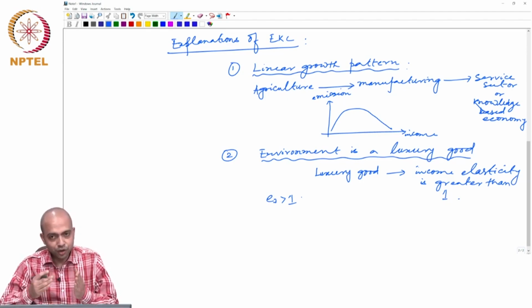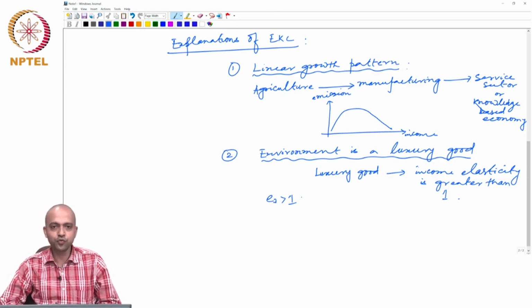Because when the economy is at the initial stages of growth, when the income per capita is low, people cannot afford to bother so much for the environment. They cannot afford to buy environment friendly goods and services. Firms cannot adopt clean technologies, and government cannot adopt better environmental regulation at the initial stages of growth.